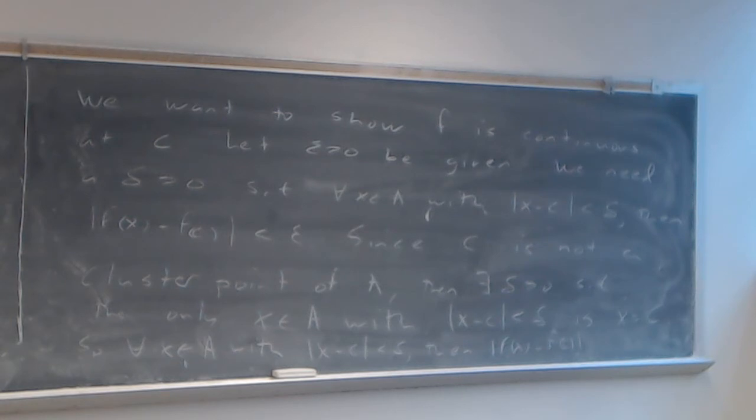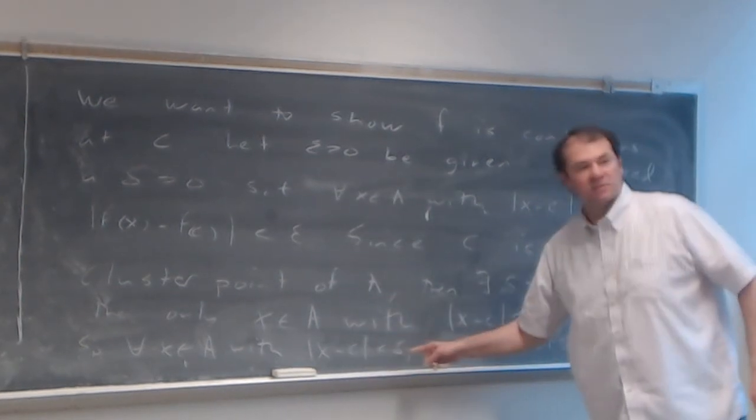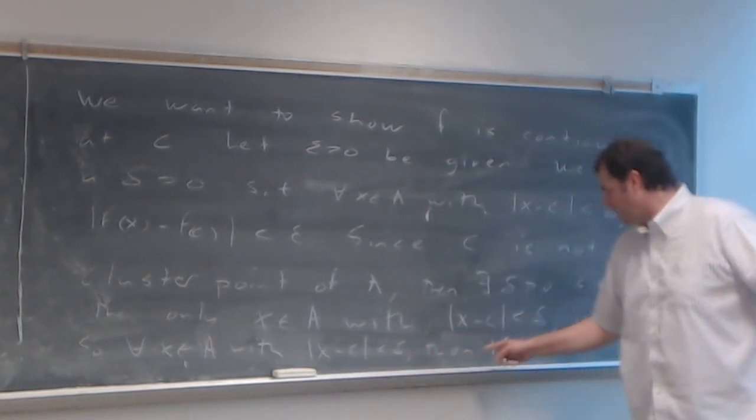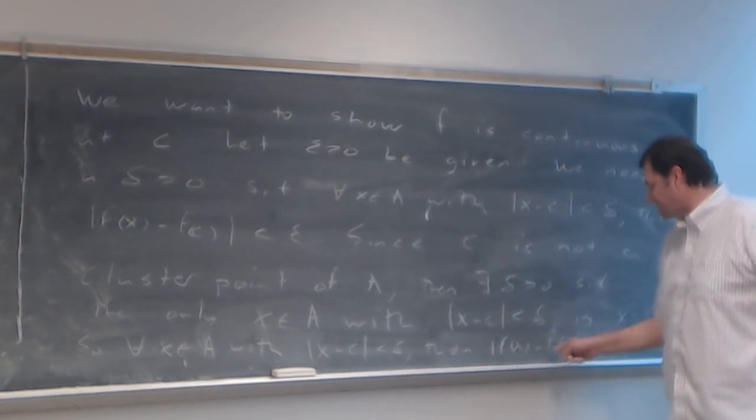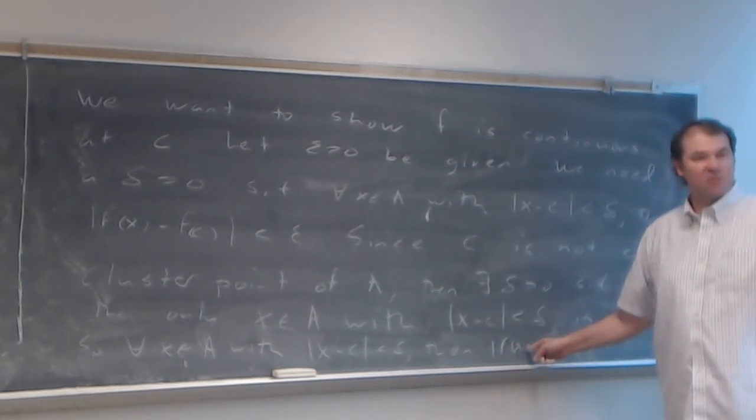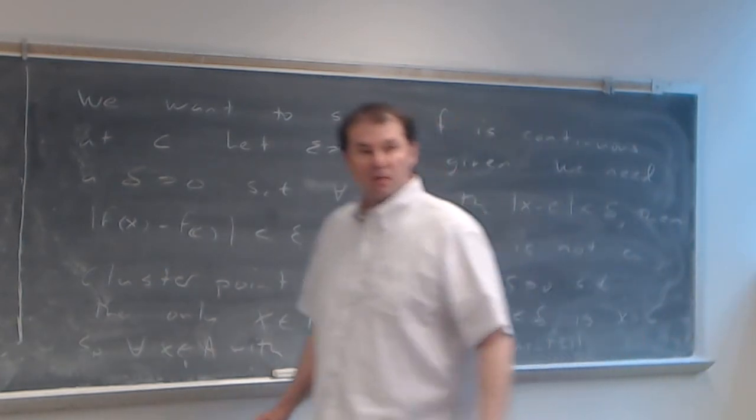Just C. C's the only guy in A that's within delta units. So C is the only point we're talking about. The only x we're talking about is C. That's the only one. So what's f(x) - f(c)? Well, what's f(x) for these x's? There's only one x we're talking about. We're talking about f(c). Okay?